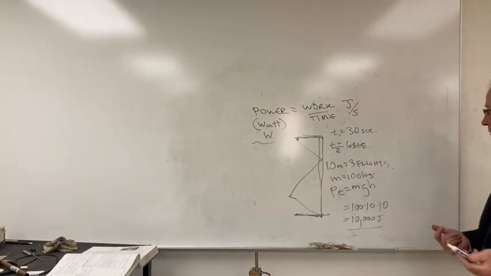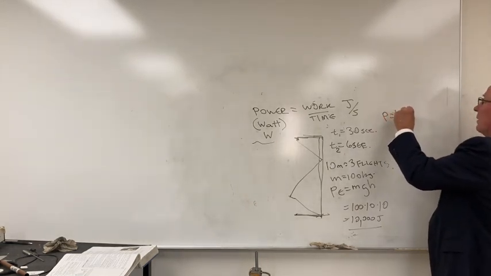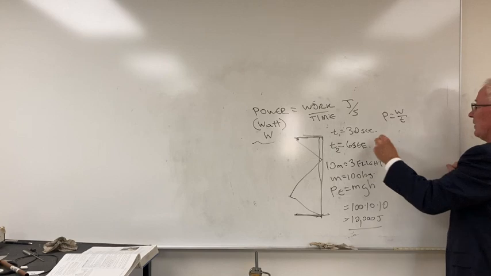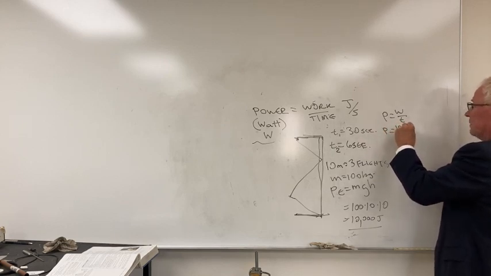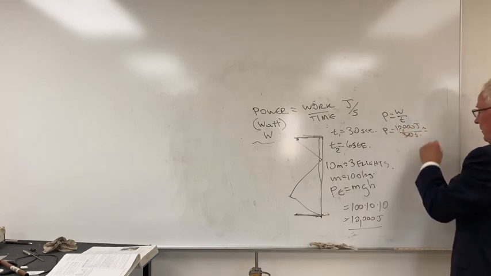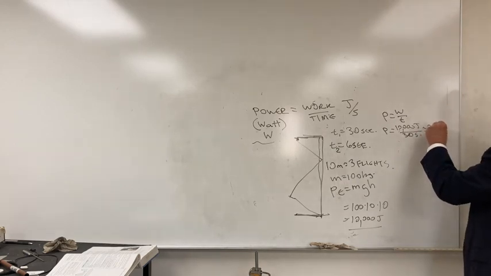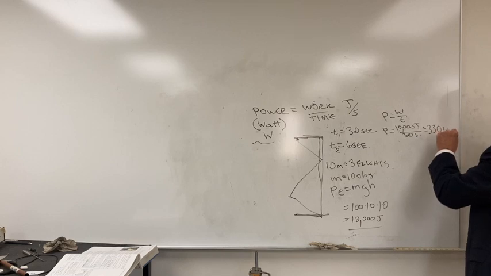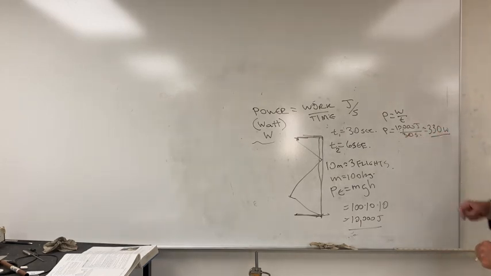What would be the difference in power? Power is work over time. In the first case, the power would be 10,000 joules over 30 seconds, which would be approximately 330 watts, which is pretty good. That's a lot of power to generate, but we'll just pick this example.